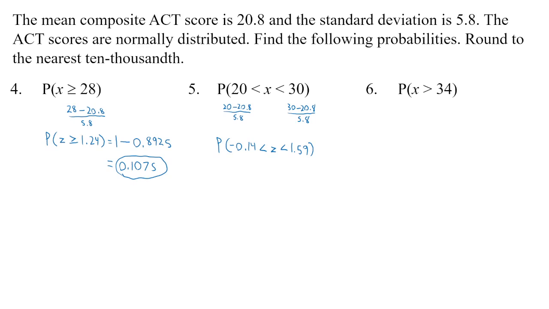So now you're going to look at your z-table, you're going to find two probabilities, and you're going to subtract them. So let's find the probability for 1.59. And that would be 0.9441 minus, now let's find the z-score for negative 0.14.